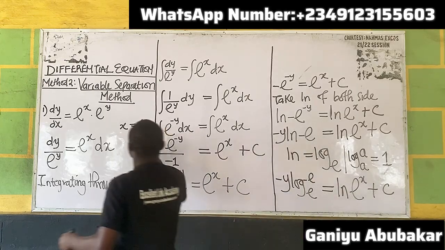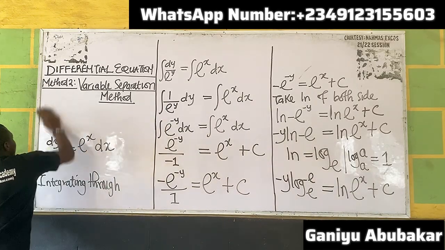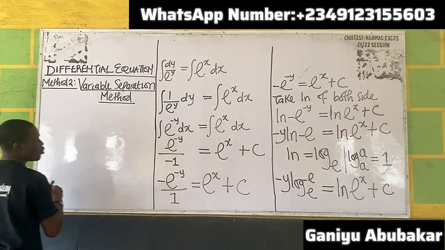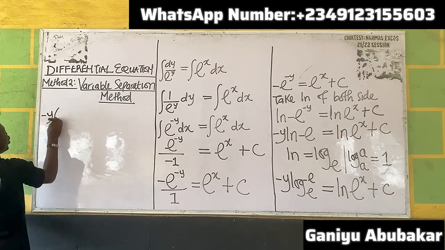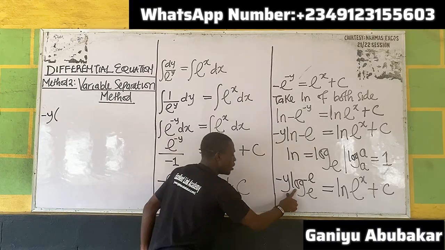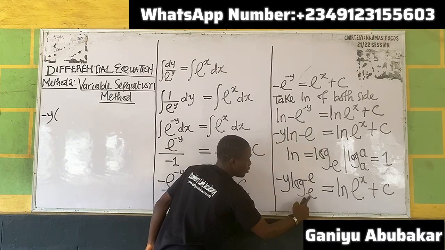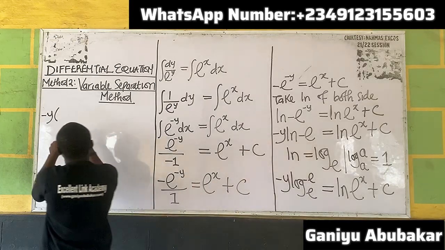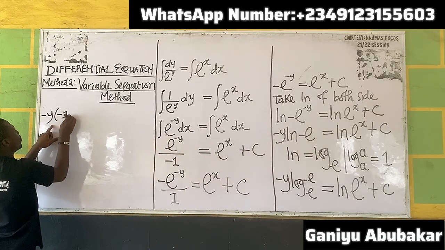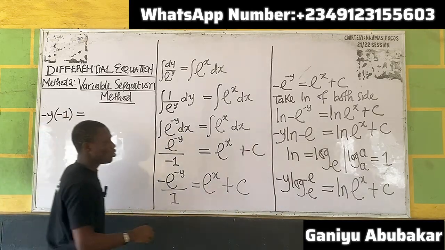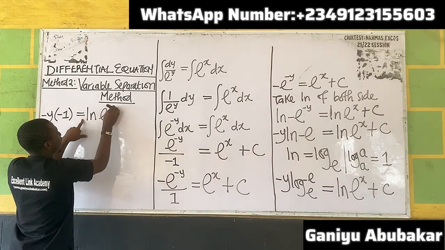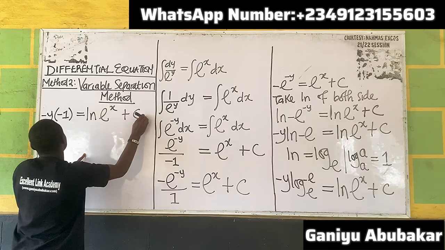All right. That gives you minus 1 into log of e to base e, which is 1. So minus 1 is equal to ln exponential x plus c.